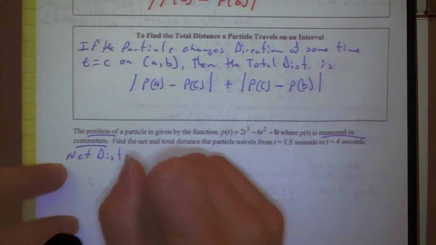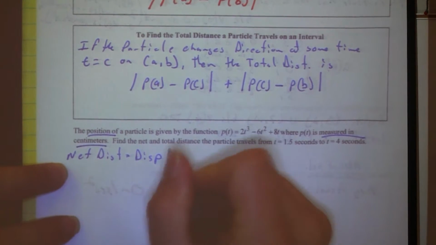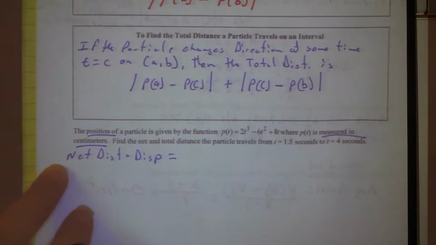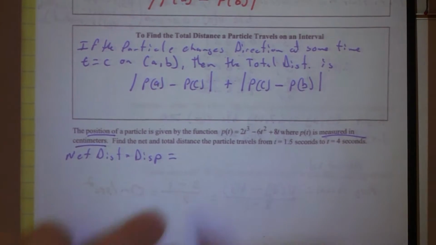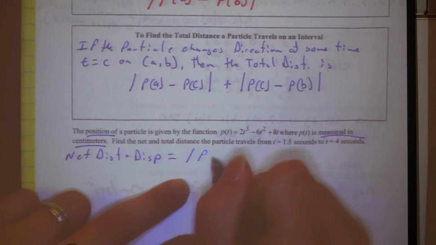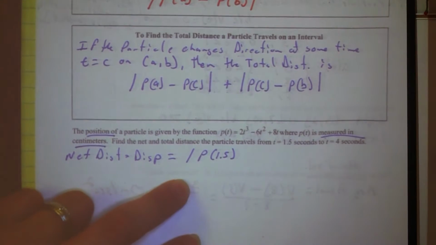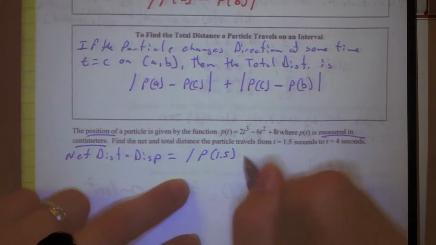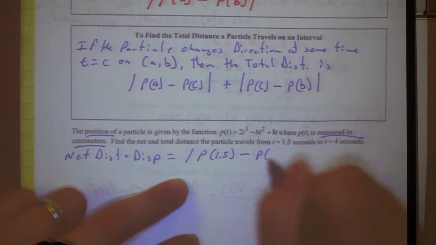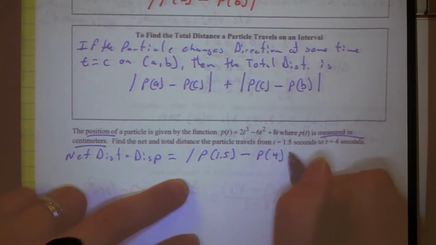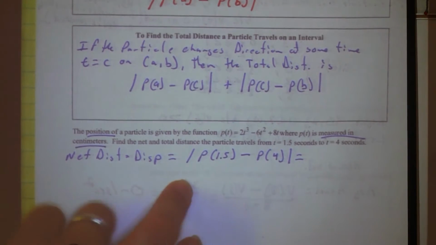That's equal to the displacement, right? And that would just be the absolute value of the difference between my starting point and my ending point, which would be P of 4. And figure out what that is.